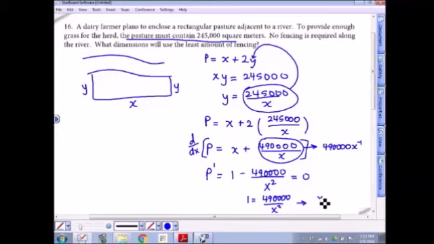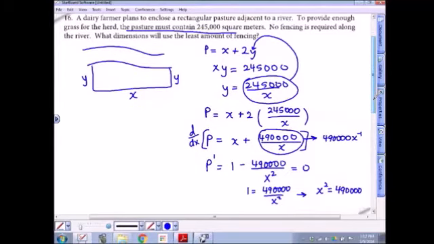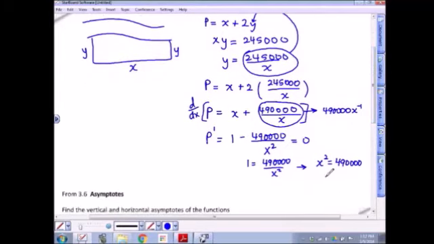Then multiply both sides by x squared to get x squared equals 490,000. Take square root on both sides and get x equals 700. Now, technically it's plus or minus 700, but since x represents the width of this rectangle, it doesn't make sense to have negative 700, so we're just going to take positive.